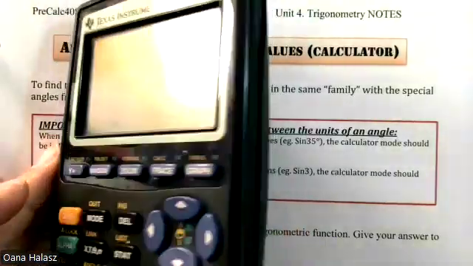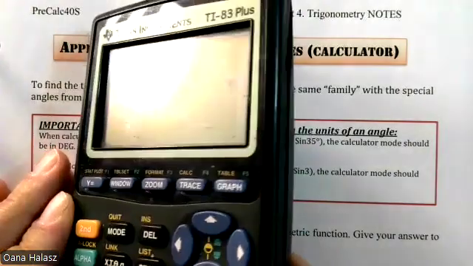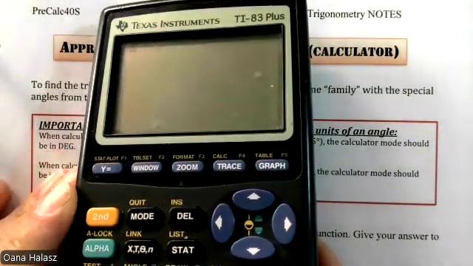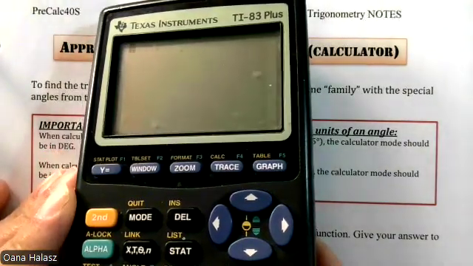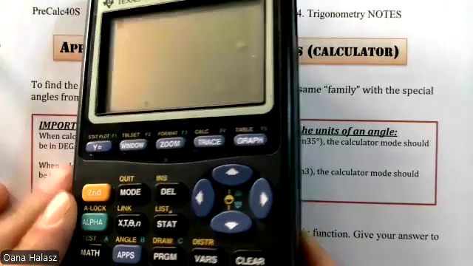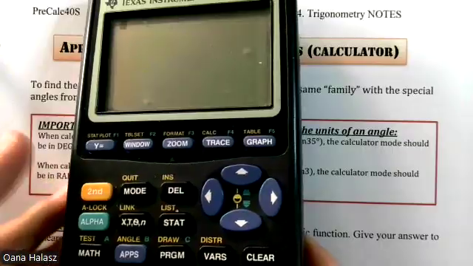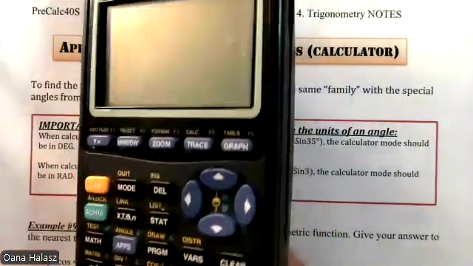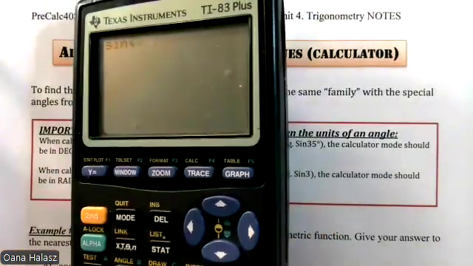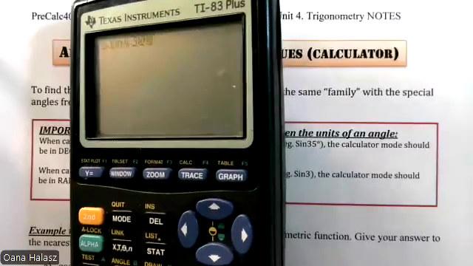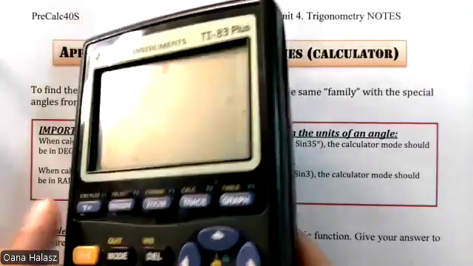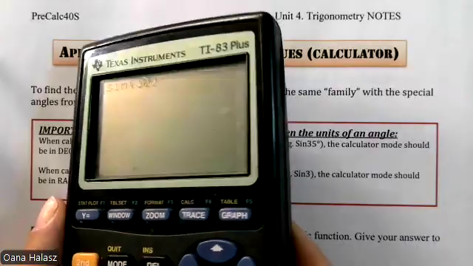Now, we will encounter a slight issue with the units of our angles. When we do sine of an angle, your calculator needs to understand what kind of unit you're trying to put that angle in, okay? So if I do sine of 30, it should give me 1 over 2 or 0.5.